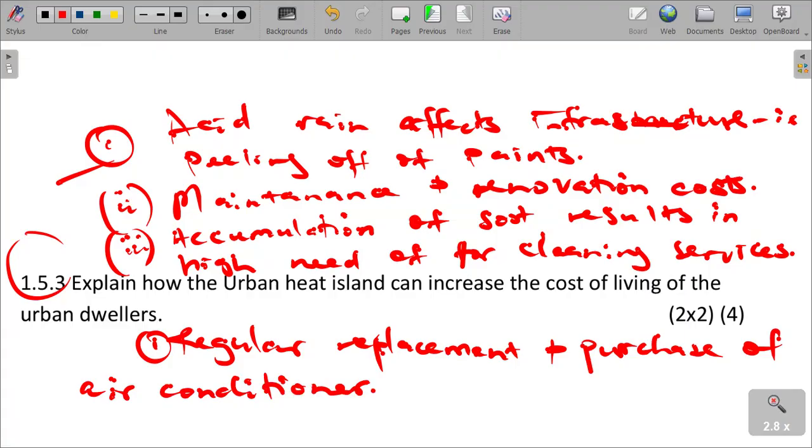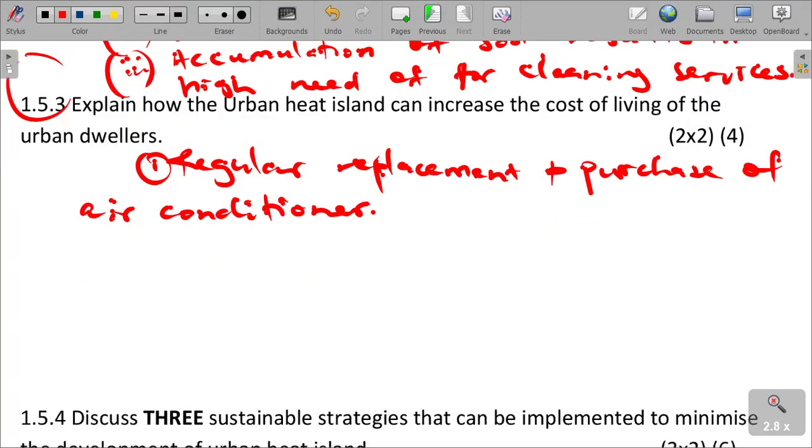Because of this, air conditioners must be replaced quite a lot of times. They need to be replaced severally. So it's another expense that has to be understood in this respect.